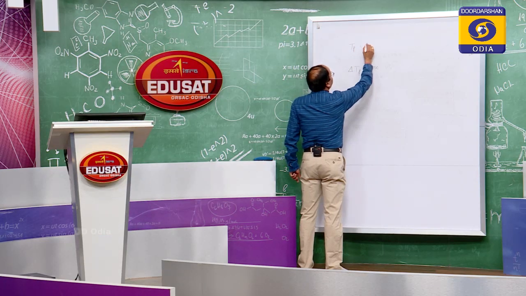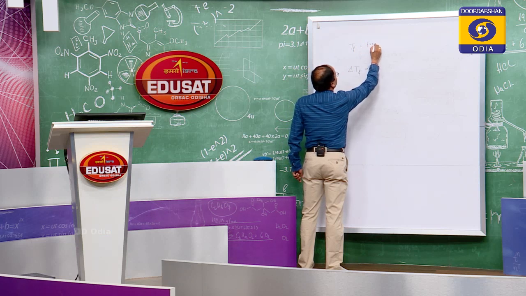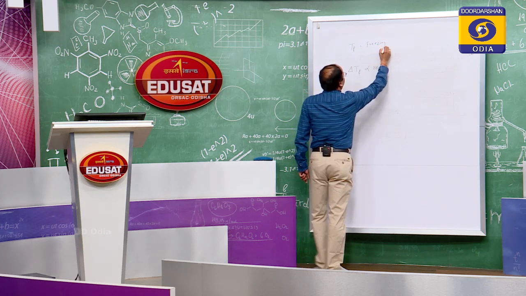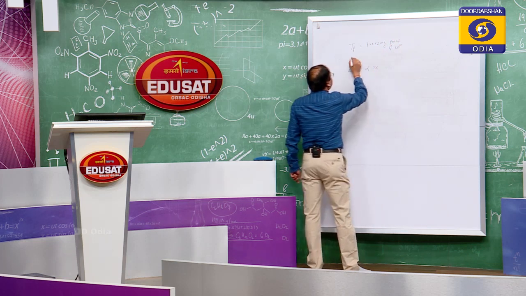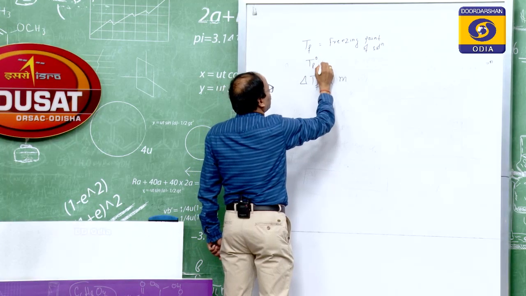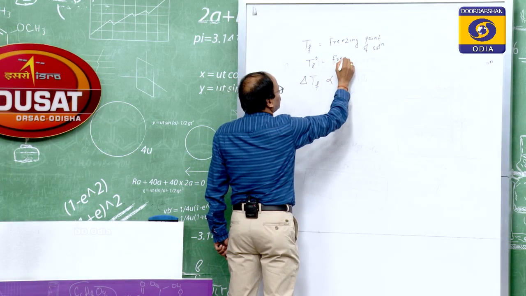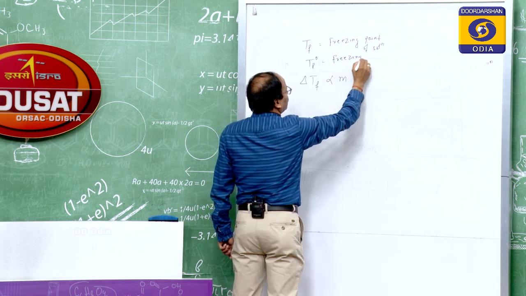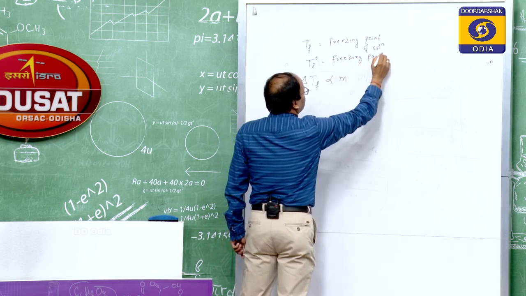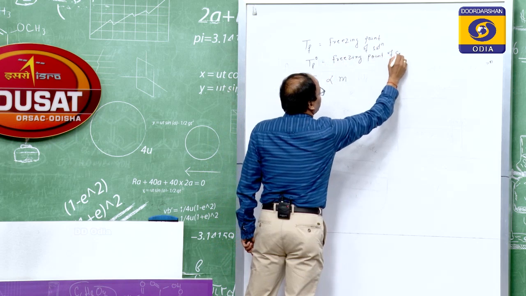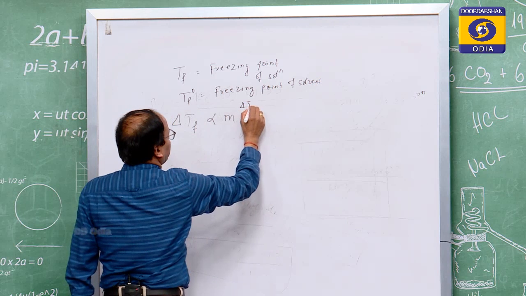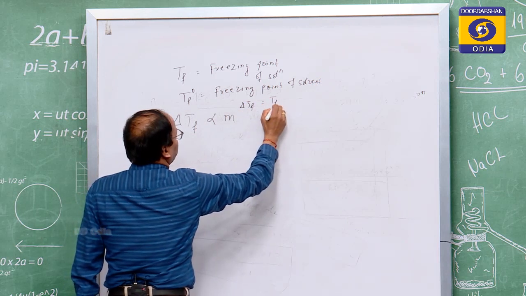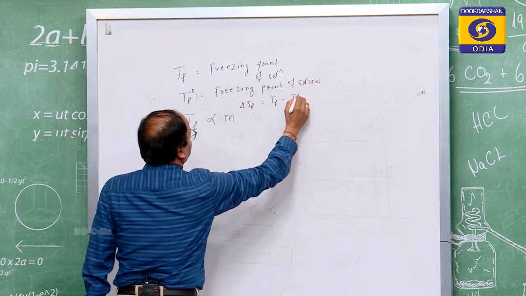Tf is the freezing point of the solution, Tf0 is the freezing point of the solvent in the pure state, and delta Tf is equal to Tf0 minus Tf.